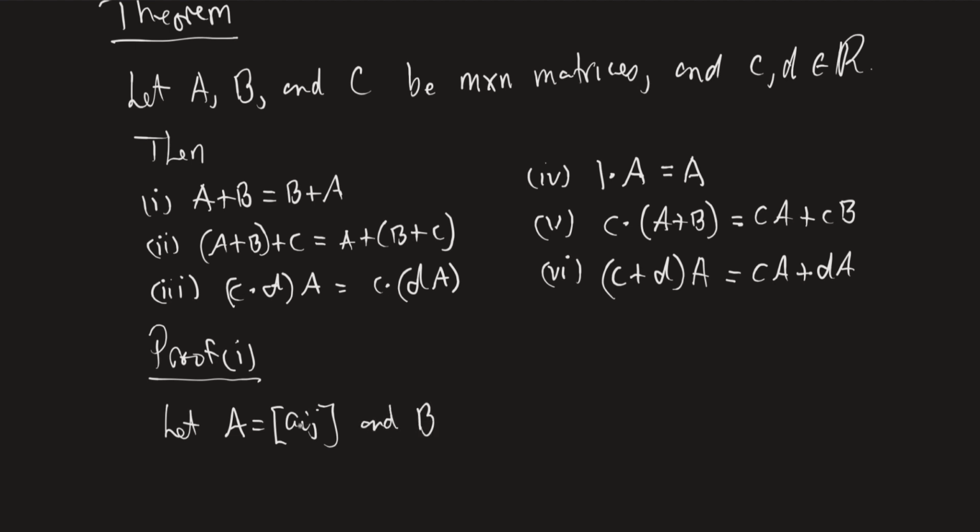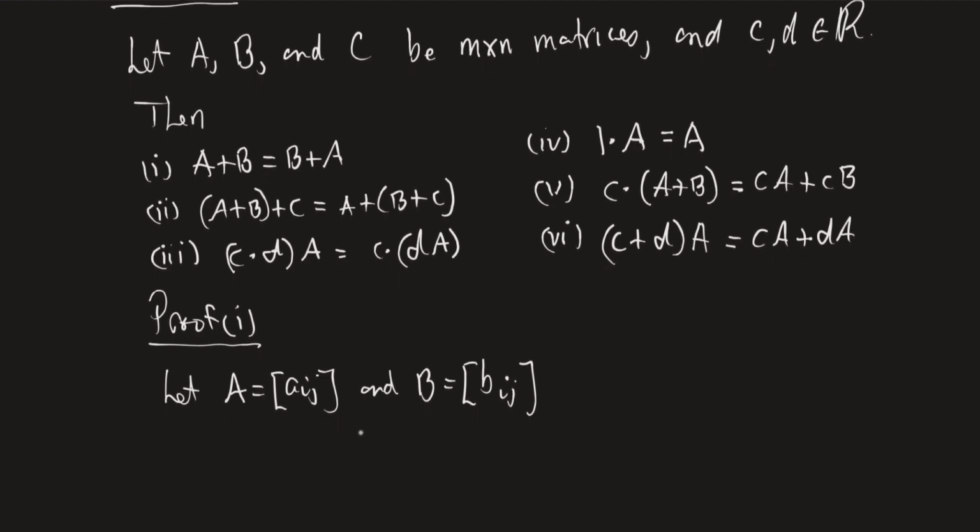But again, I can't use A, I have to use a different letter, so I'm going to use the lowercase b, i, j. I don't need to restate the fact that they're all m by n. I mean, you can, but again, this is a part of the hypothesis. Now, what I will say is that the entries in our matrix are numbers. For us, most of our matrices are going to be with real numbers.